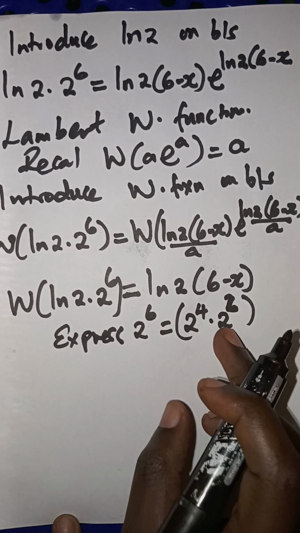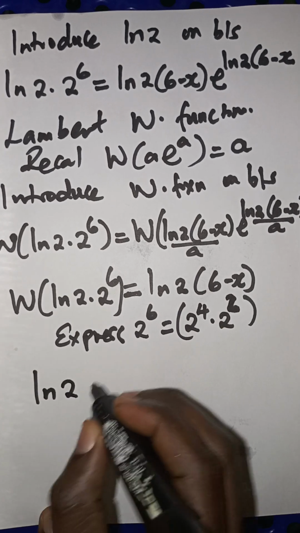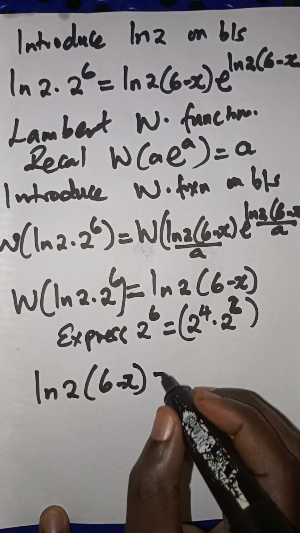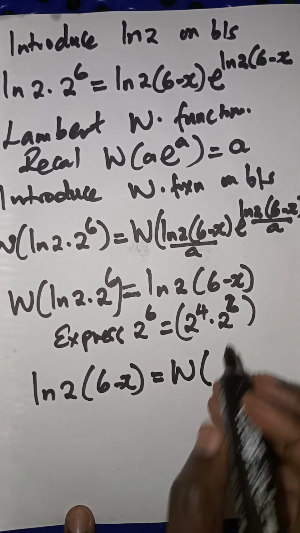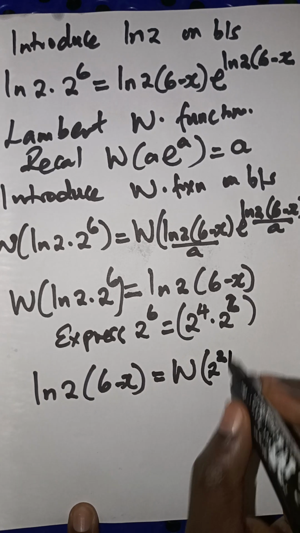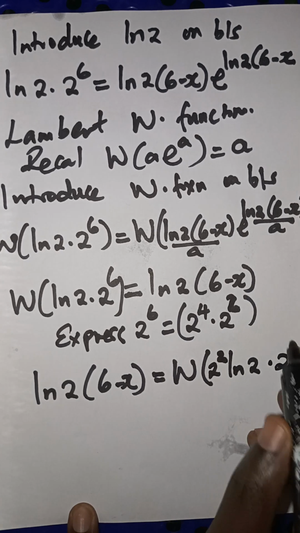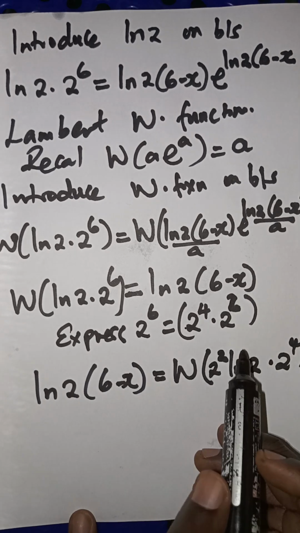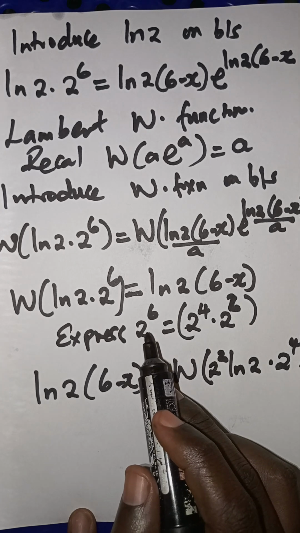And rewriting it using these products, I'm going to get the natural log of 2 multiplied by 6 minus x should be equal to the W of course, I'm going to start by rewriting 2 power 2 multiplied by the natural log of 2 multiplied by 2 power 4. It's just the same thing. I've just interchanged by rewriting 2 power 2 and 2 power 4, which the result is the same as 2 power 6.